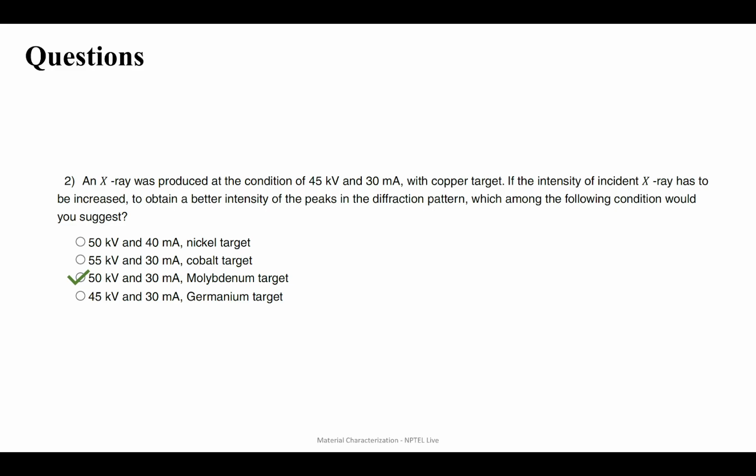So it will actually have a lower intensity of characteristic wavelength. But when you go for diffraction, since molybdenum has a very small wavelength compared to others, it will result in higher penetration, so it will be absorbed less by your diffraction material, and that will result in a higher intensity in the detector.